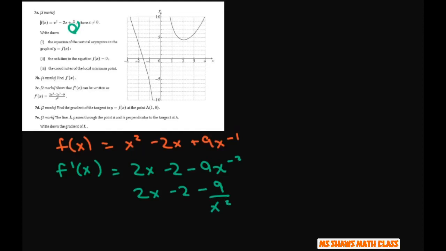All right. Now what does it ask you to do? It says show that this can be written as, so basically they want you to simplify. Our common denominator is x squared.